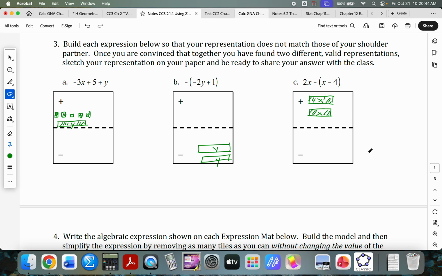And then 1 positive shaded x in the negative region. And then -4 in the negative region. Exactly. And this is literally what this says: 2 x's in the positive region, and then in the negative region, an x and 4 negatives. Excellent. Let's move on.